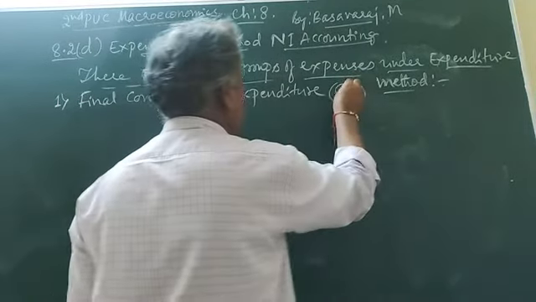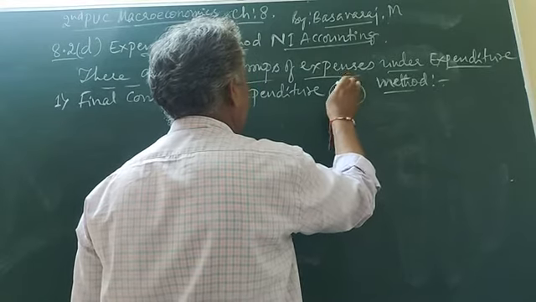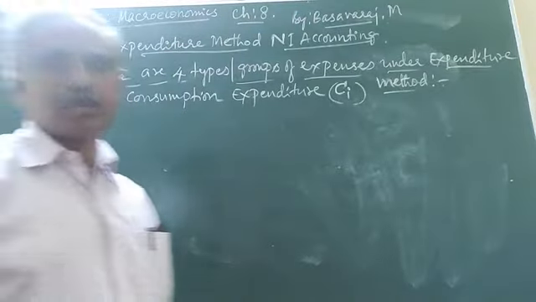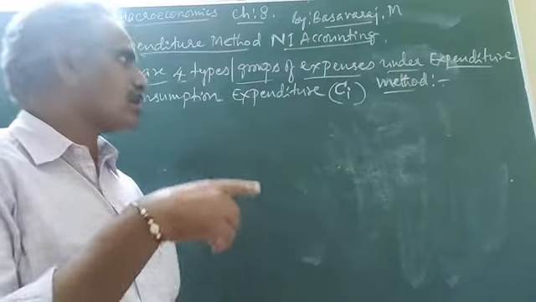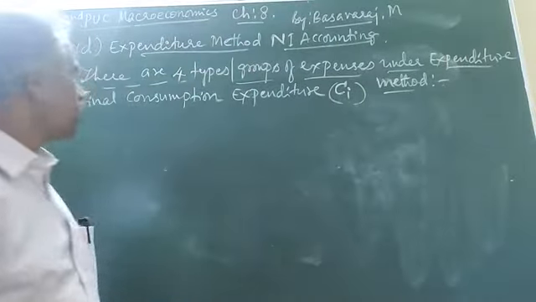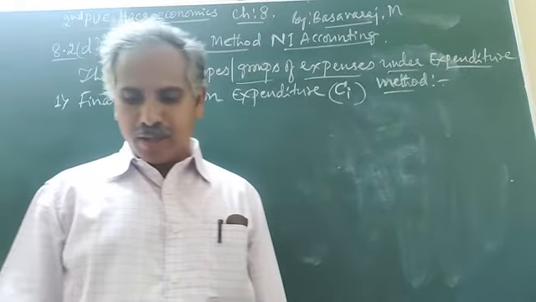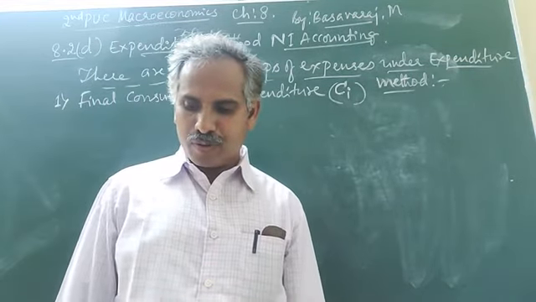That is CI. Consumption expenditure, I means industries. All the industries are firms. Final consumption expenditure made by all the firms and also many others, by households, of goods and services.